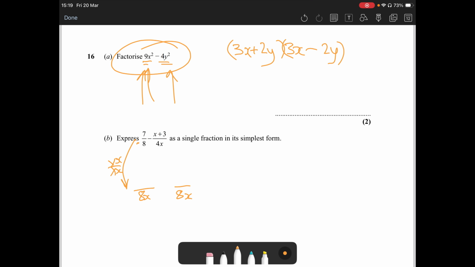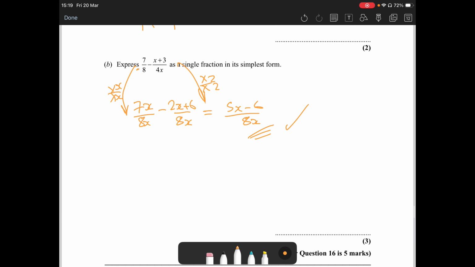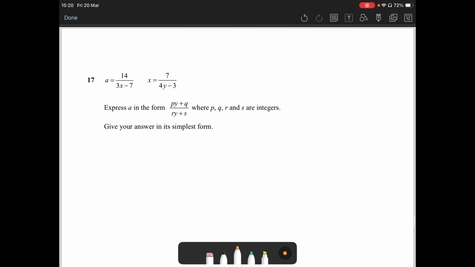So the left-hand side becomes 7x. Take away the right-hand side, if we times top and bottom by 2, becomes 2x plus 6. Now, you are subtracting both the 2x and the 6, so it becomes 5x minus 6 all over 8x. And that's it, we're done. That's the answer, number 17.